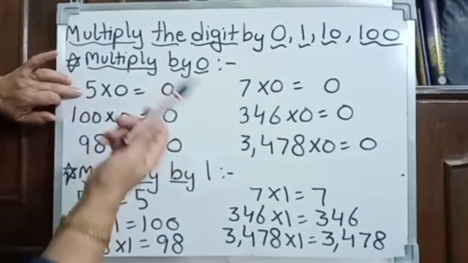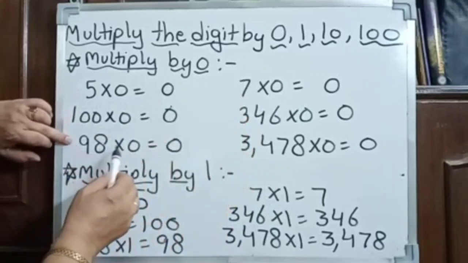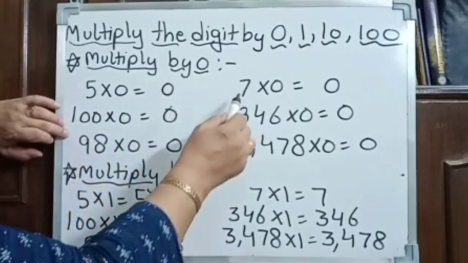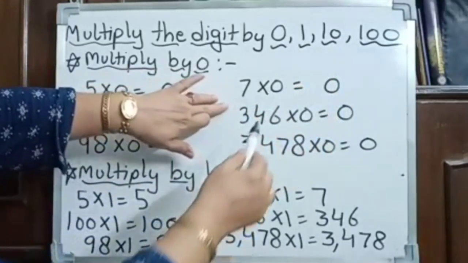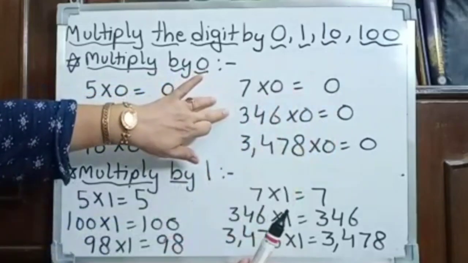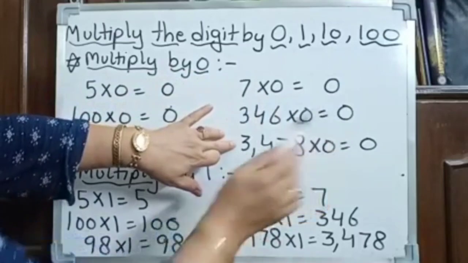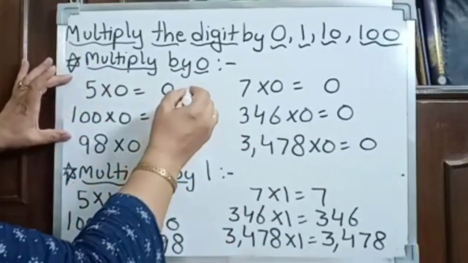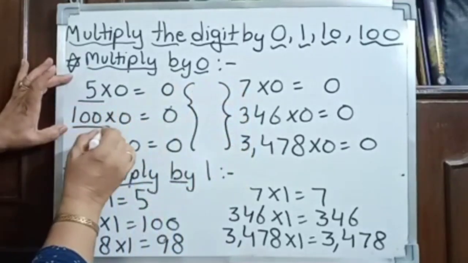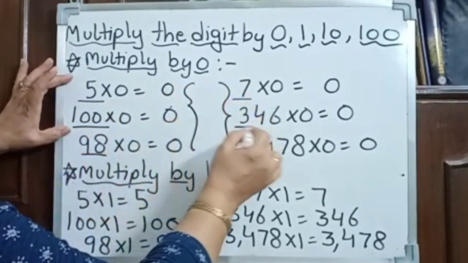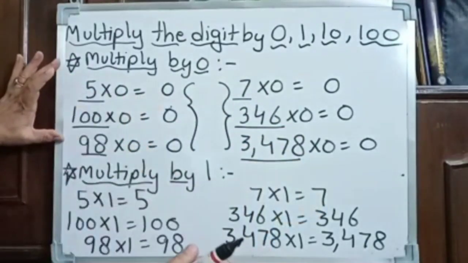So 5 into 0 is equal to 0. 100 multiplied by 0, 0. 98 multiplied by 0, answer is 0. 7 multiplied by 0, answer is 0. 346 multiplied by 0, answer is 0. 3478 multiplied by 0, answer is 0. So it is very clear that whatever the digit is, the answer is always 0. If you are multiplying by 0, the answer is 0.